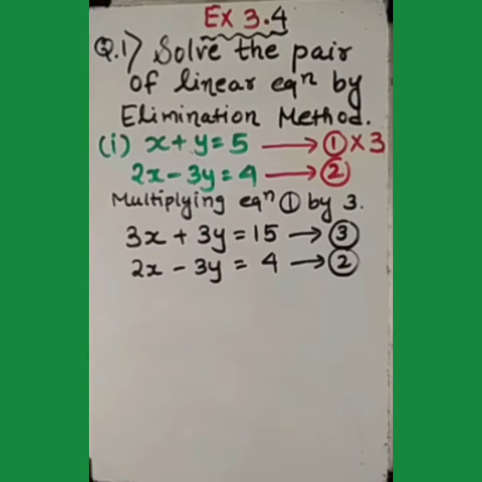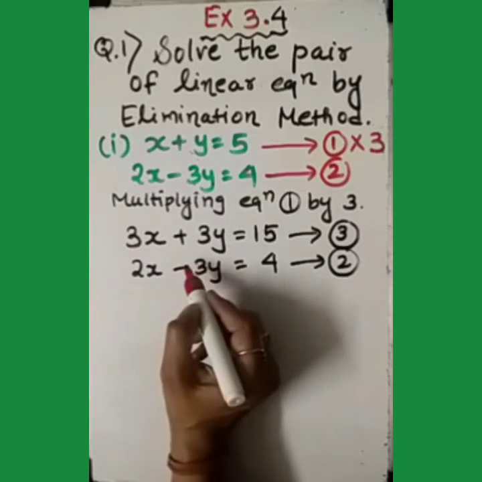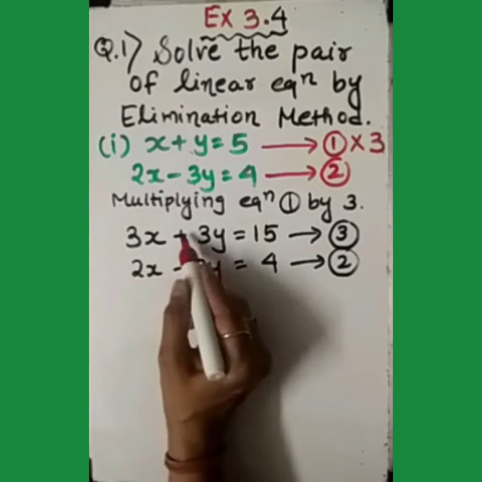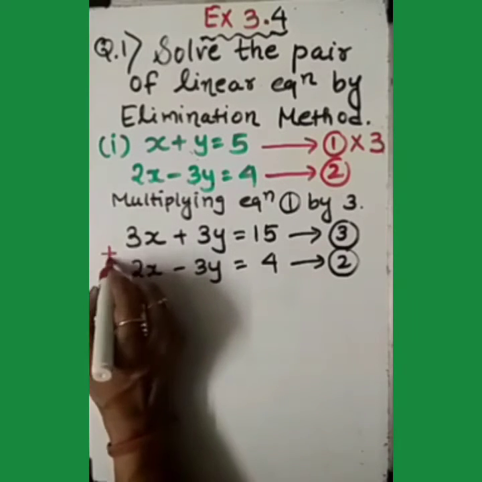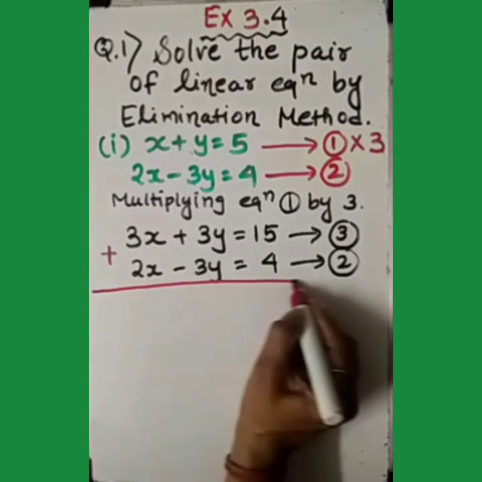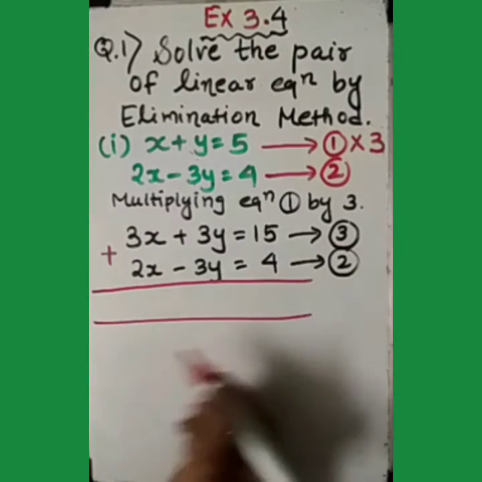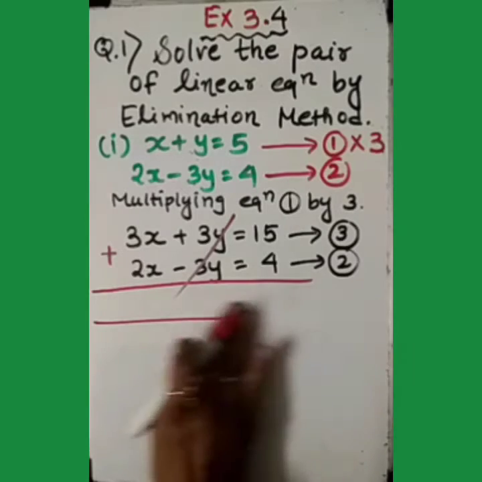Now what are we going to do? We are adding both the equations. When both equations have the variable in opposite signs, then simply add. This will cancel automatically.